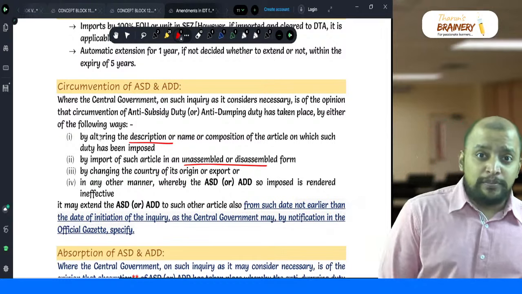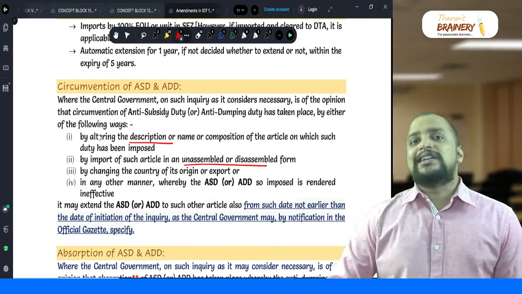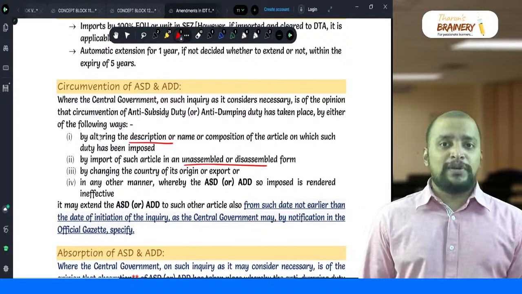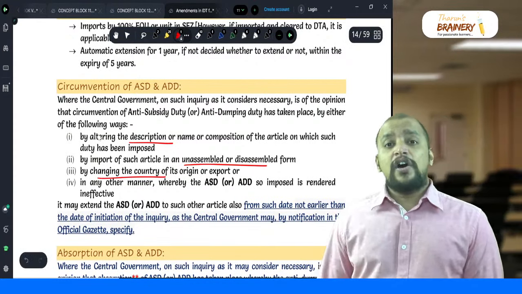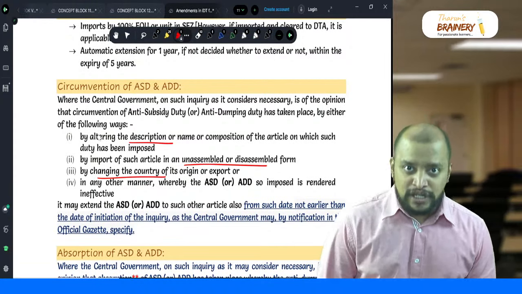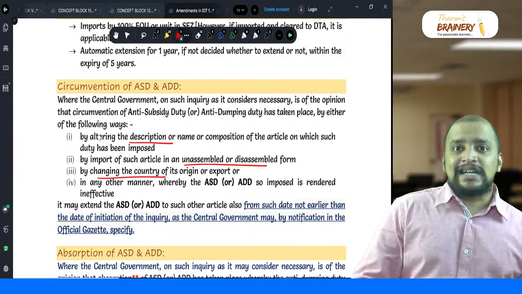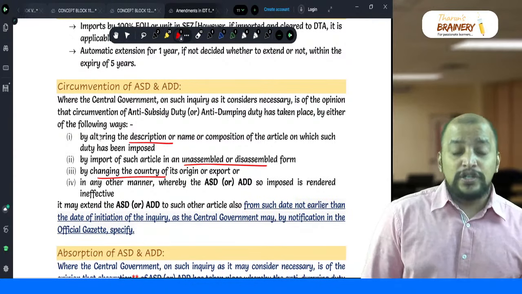Or you are importing goods from a particular country for which anti-dumping duty or anti-subsidy duty is applicable, and now you change the country of origin, or in any other manner you try to escape from anti-subsidy duty or anti-dumping duty. Then the government may by notification extend the anti-dumping duty for these articles also, for which you try to escape.